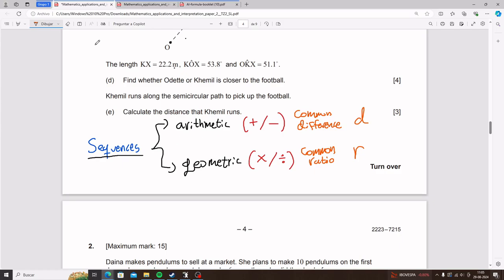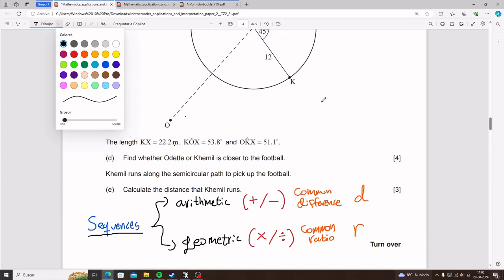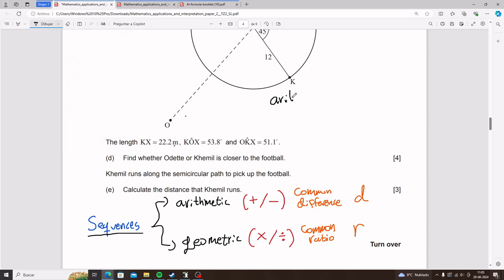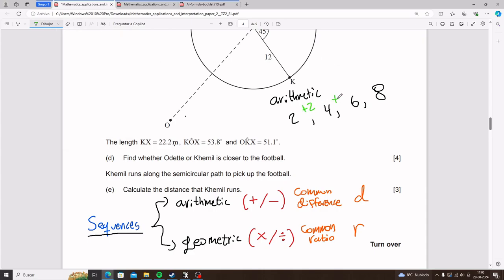If you still have no idea what I'm talking about, well, first of all, pay a little bit more attention in class. And second of all, an example of an arithmetic sequence could be something like, you go from 2 to 4 to 6 to 8. And so here, clearly, you are doing plus 2, plus 2, plus 2.